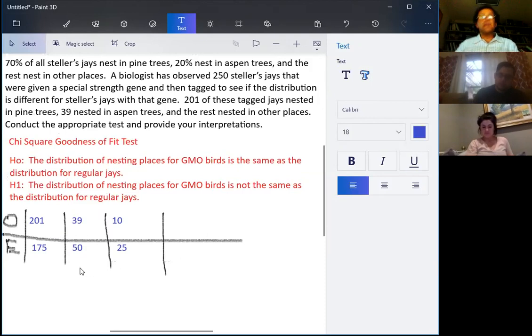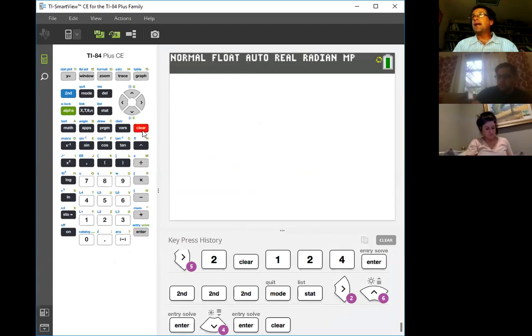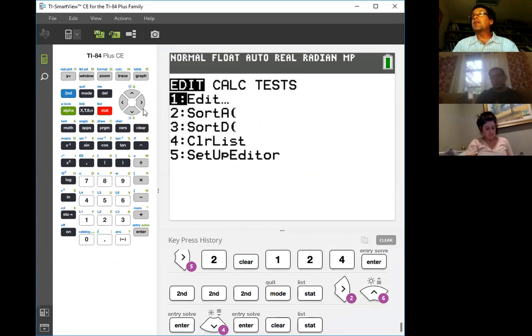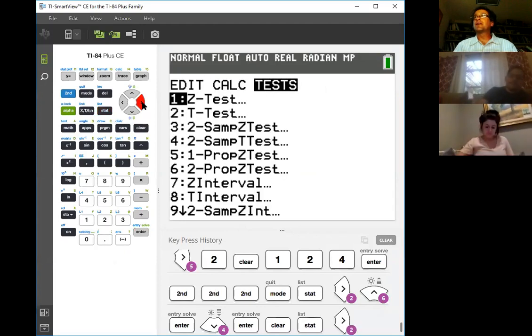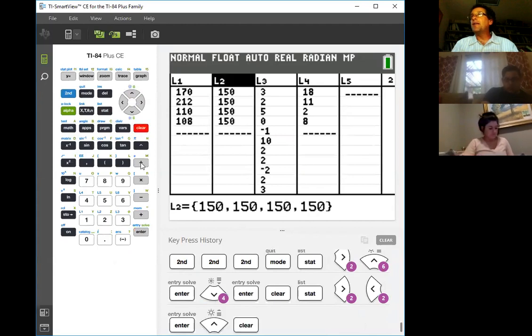Okay, so now, I think I better write this down. So this is 201, 39, 10, 175, 50, 25. And I go to my calculator. Now we're doing goodness of fit, so we're going to put it in the stat, remember? I want to go to edit, enter, clear out what I had.